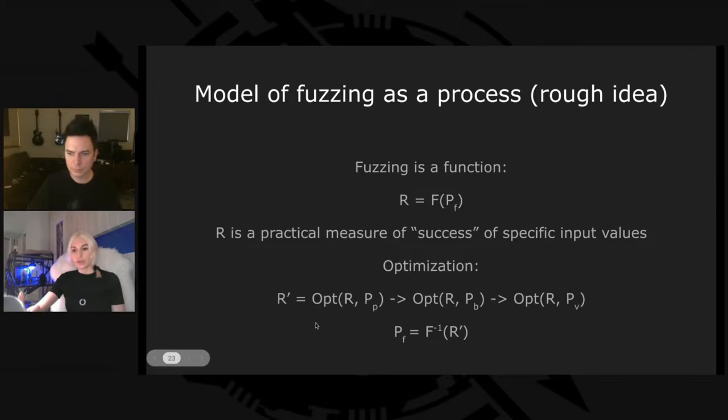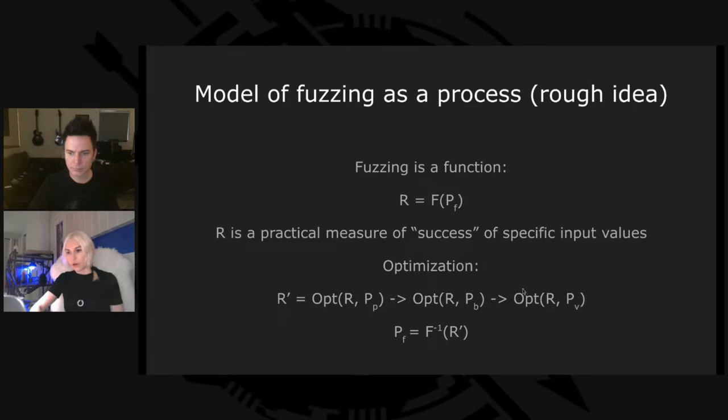In this situation, we can devise some sort of cost function and optimize fuzzing by letting the results array, which was the output of the fuzzing function, be optimized first against the probability distribution of the program, so moving the fuzzer success closer to the valid program inputs. Then we can optimize it against those inputs that discover new branches, for example, and we can further optimize it toward the probability distribution of vulnerabilities.